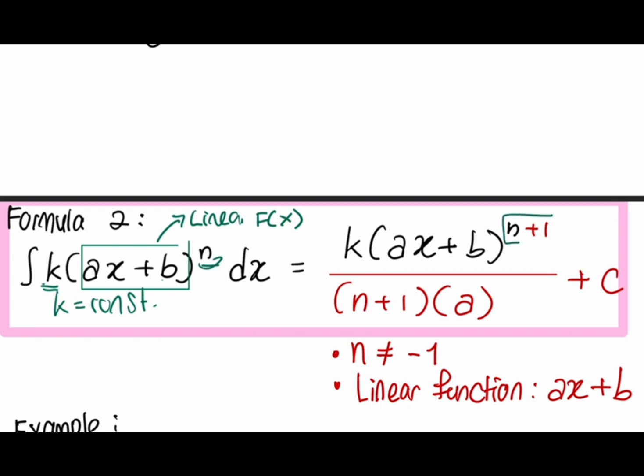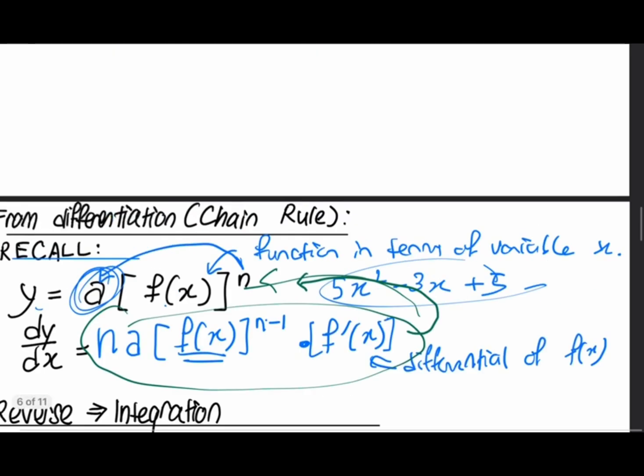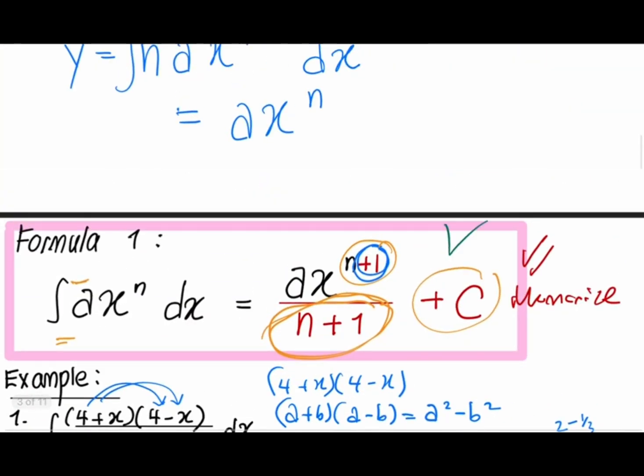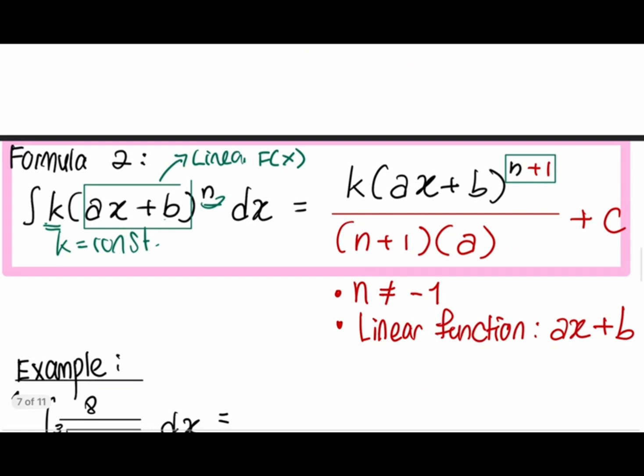The power is increased by 1, the same thing we learned from the first formula. We still divide by the new power, and now we also divide by a. What is a? a is actually f prime x.